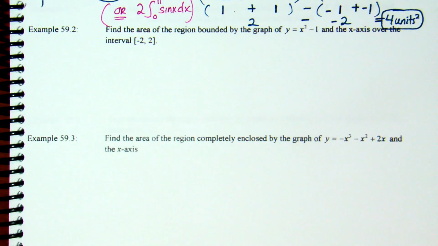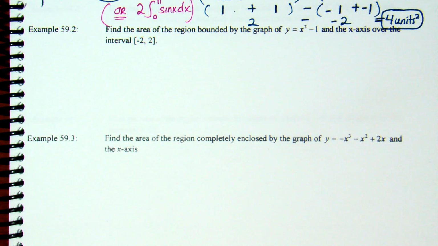Find the area of the region bounded by the graph of y equals x squared minus 1 and the x-axis over the interval negative 2 to 2. What am I going to suggest? Draw a graph.